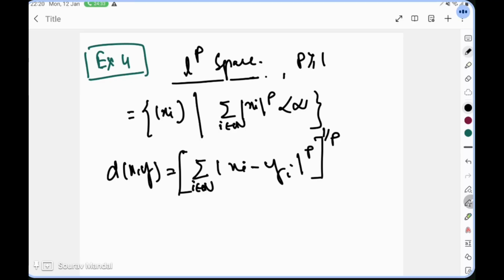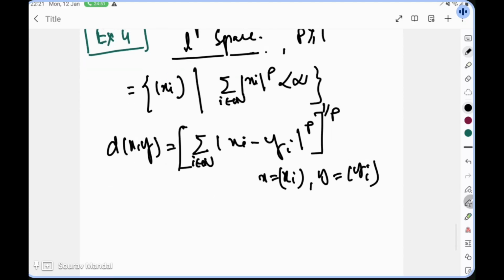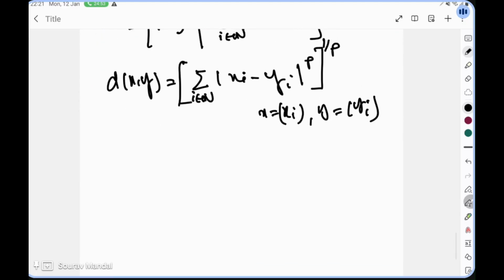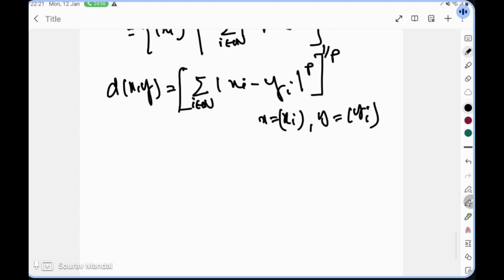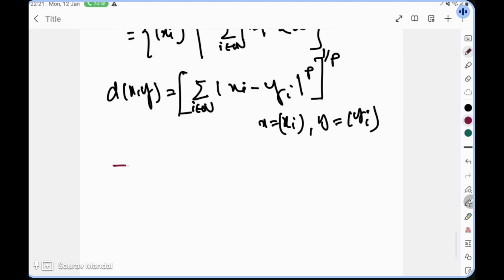Whenever you want to prove that this is a metric space, you need lots of calculations using the Minkowski inequality and the Holder inequality, and lots of things are there. It is a little bit of a lengthy proof, so I am omitting this proof. You can check it yourself. And one more thing, I am following the book Introductory Functional Analysis.